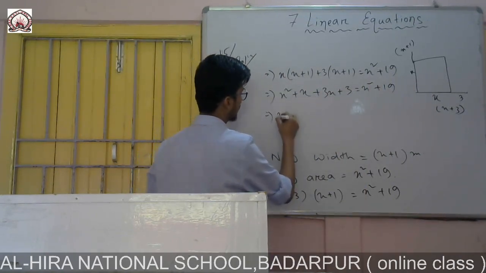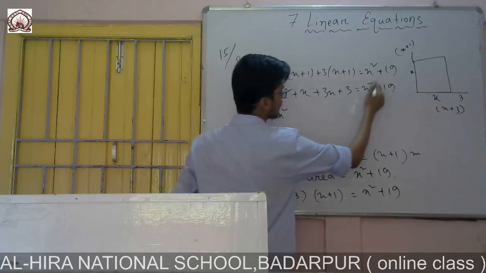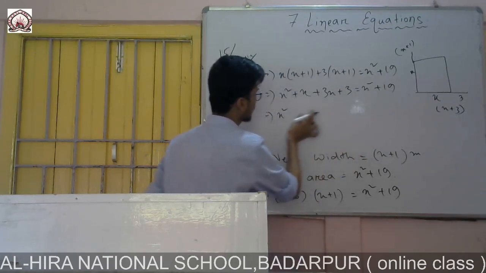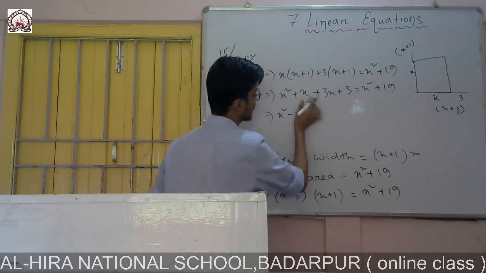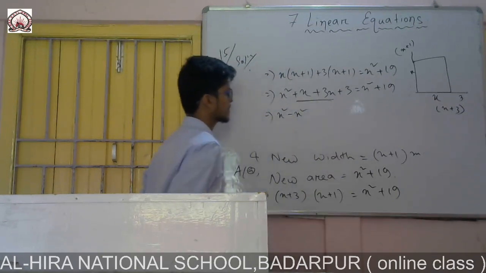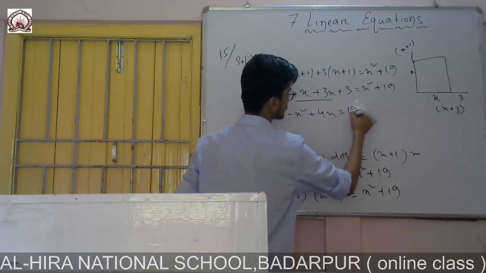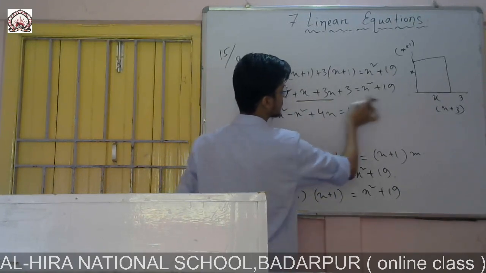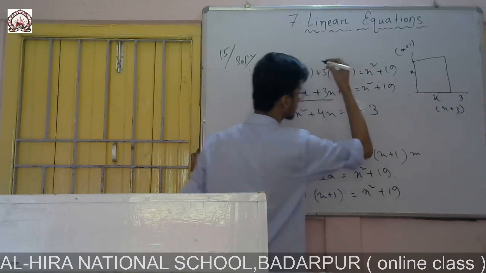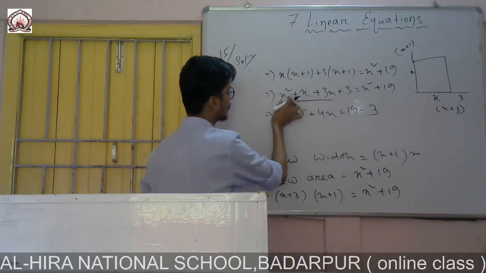Let me write this one, x square. If I transpose this x square, it will be minus x square. And x plus 3x will be 4x. The numerical part, plus 3, if I change it to that side, will be minus 3. Since the variable is the same x, plus plus is plus, 1 plus 3 will be 4x.